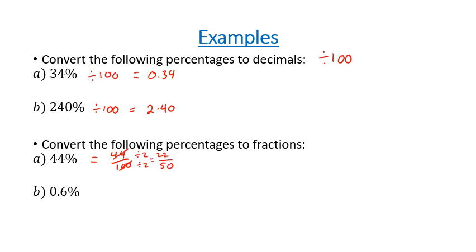We can actually divide by 2 again, and that's going to give us 11 over 25. 0.6% becomes 0.6 over 100. Now remember, we can't have a decimal in a fraction, so this is actually going to become 6 over 1000. We can cancel that down to become 3 over 500.